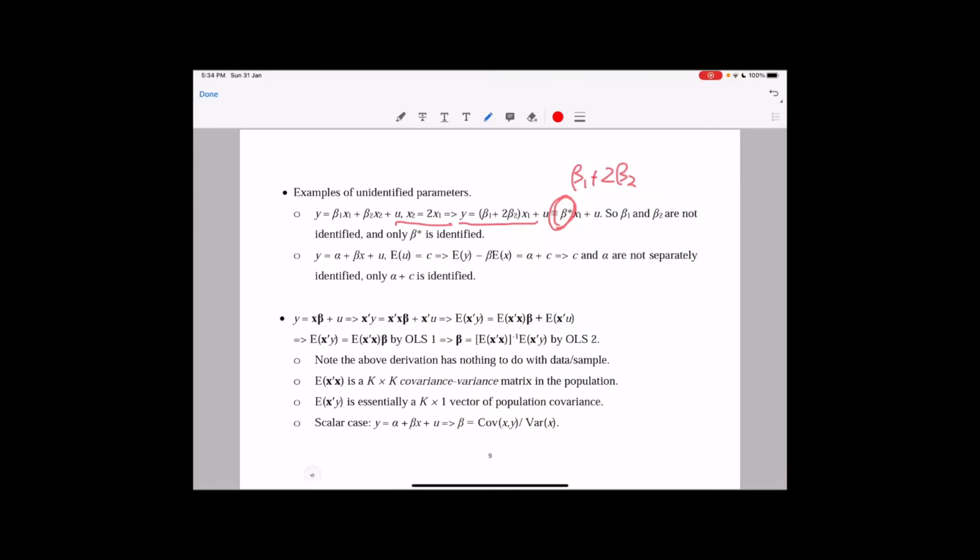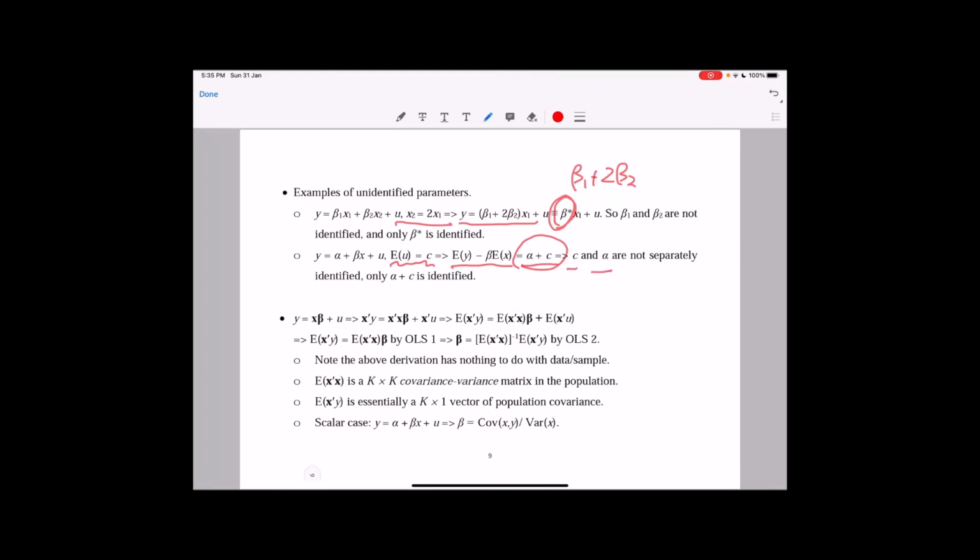Another case is about the intercept and the error term. Suppose the mean of the error term is not 0, it's actually a constant c. Then if you take expectation, E[y] minus beta times E[x] equals alpha plus c. That means we can estimate alpha plus c, but there's no way we can separately estimate c and alpha.